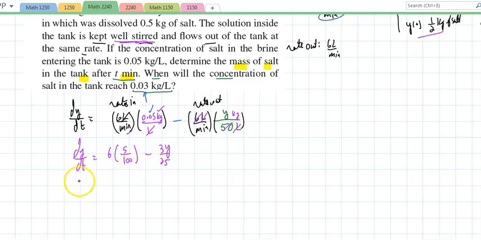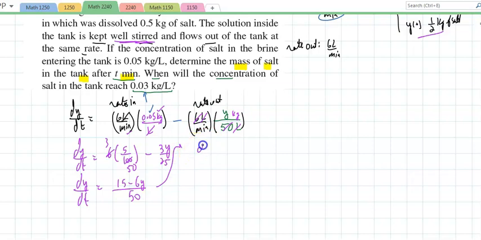So if I make them both over the same denominator, I could separate those. If I divide this by 2 and this by 2, that's 50. I could reduce it more, but that's going to be 15 minus 6y over 50. There. I'm doing this because I want to separate those.